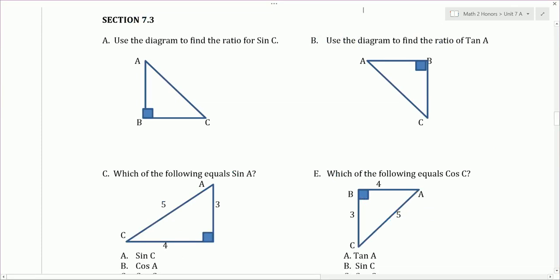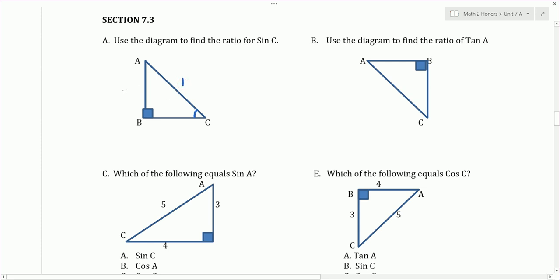Section 7.3. A says use the diagram to find the ratio for sine C. So C is right in the bottom right hand corner, and if that's our reference angle, no matter what, we can just put the side lengths of something that's similar to this triangle, which hypotenuse would be 1.